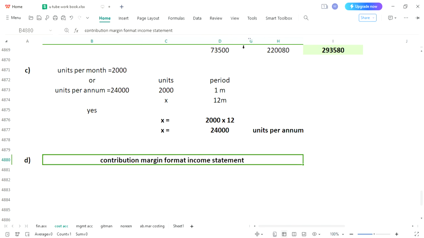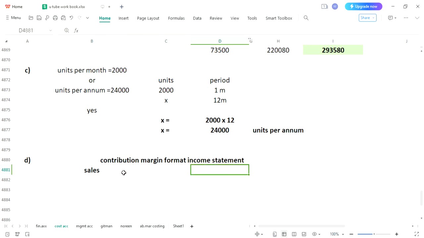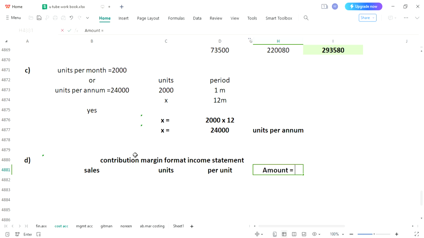First you need sales. And what three factors? First of all, you will put your units, then per unit, and finally the amount, which is what you get when you multiply your units and per unit, giving your total amount.